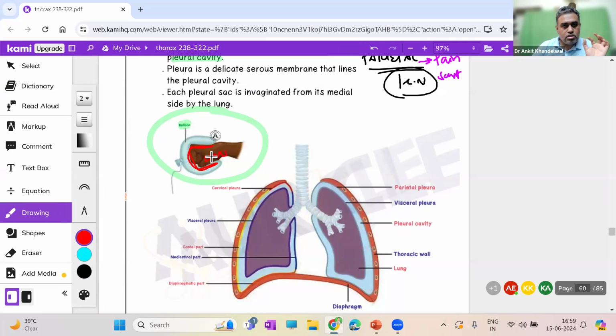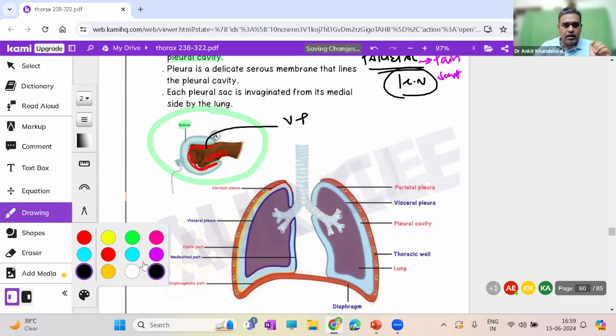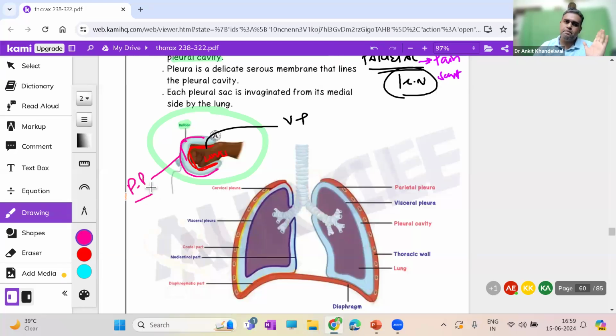This surface of the balloon, which is in touch with the hand, becomes the visceral pleura, VP. The other surface of the balloon, which is lying outside, is your parietal pleura. And the space between them is the pleural space.